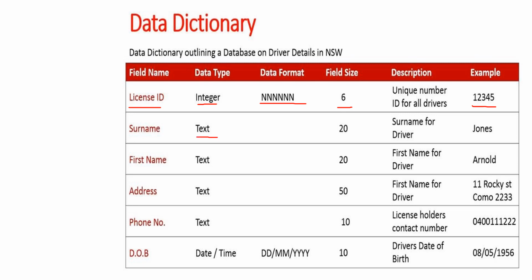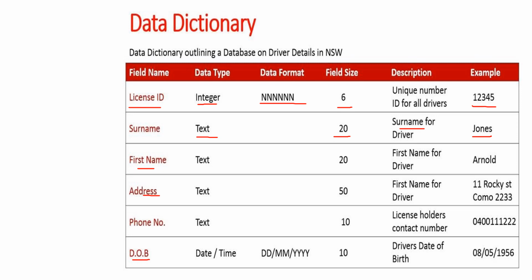Username: it is text, no data format, but the field size, let's say you put 20 alphabet characters, and then the surname for the drivers. This is the example, and so on. First name, address, and you see, let's say date of birth.